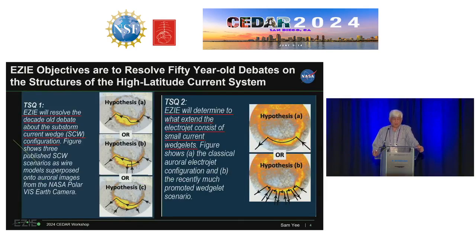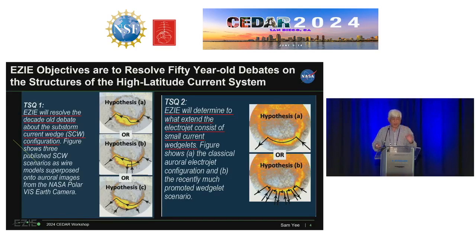So the main objectives, of course, concern auroral electrojets. First of all, we want to resolve a decades-old debate about the substorm current wedge. You can see the three different hypotheses, put forward by different theories, about what kind of current system is looping. We would also like to determine to what extent the electrojet is a single smooth current system or actually made of small-scale wavelets.